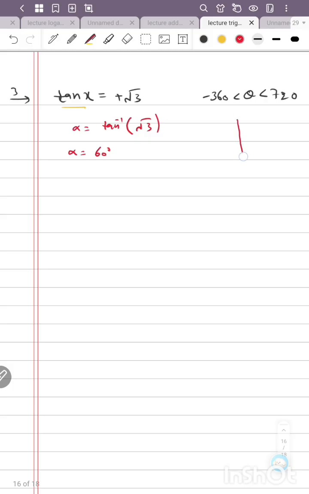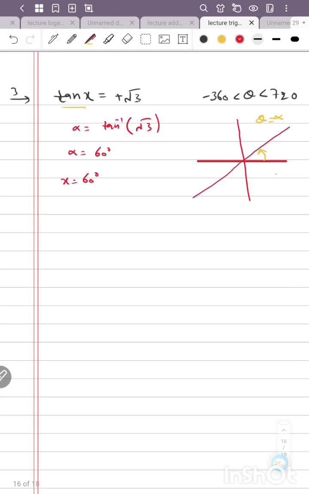We know that tan is positive in the first and third quadrant, this way and this way. If we start from here, this is the first quadrant, and we know there is no change, so we write x equal to 60 degrees.